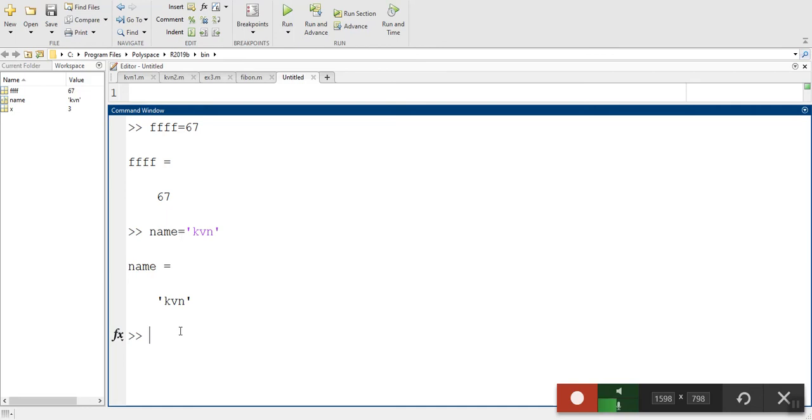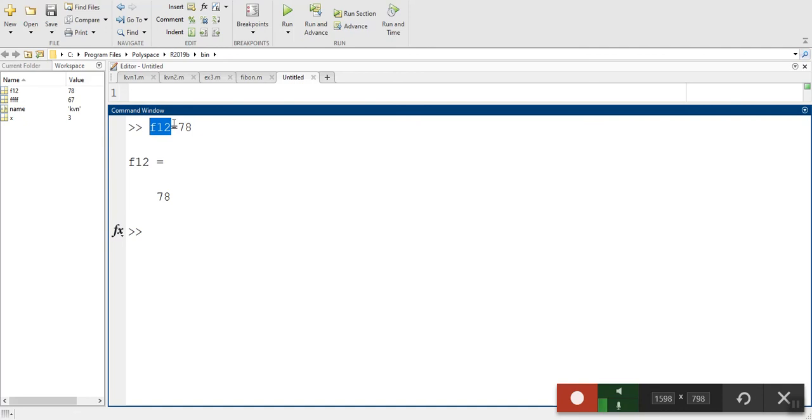So, we can write a variable starting with one alphabet followed by alphabets, or I will give you another example, F12 equals 78. We can give first some alphabet, then write numbers also, any number of numbers. So, we assigned 78 to this variable name.